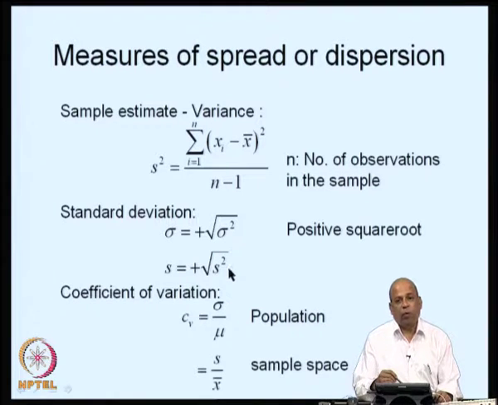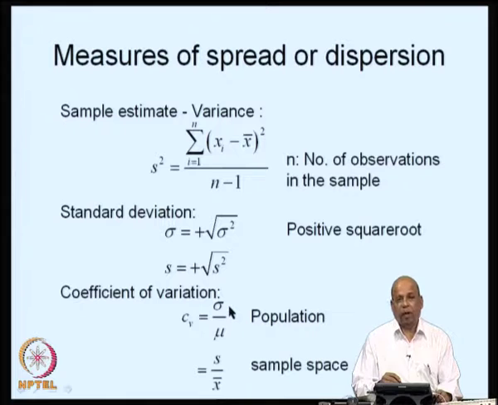But when we want to compare two distributions of different random variables, let us say we want to compare the distribution of rainfall as well as the stream flows, we want to have a measure of the spread which is independent of the units, and therefore, we define what is called the coefficient of variation, and we define that as sigma over mu.